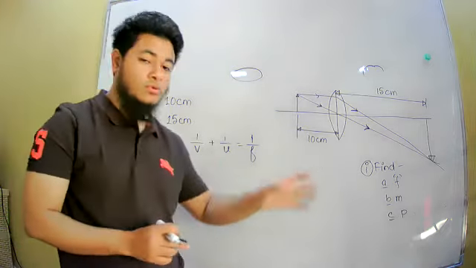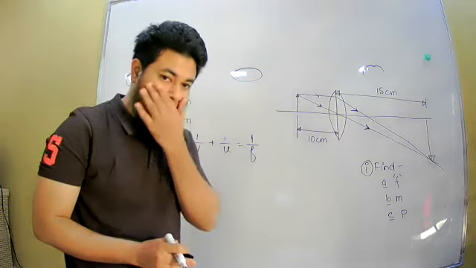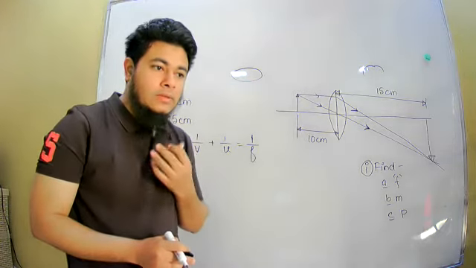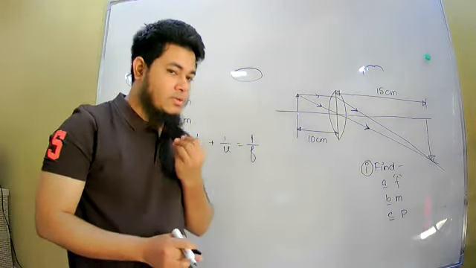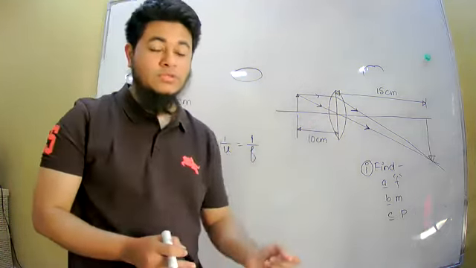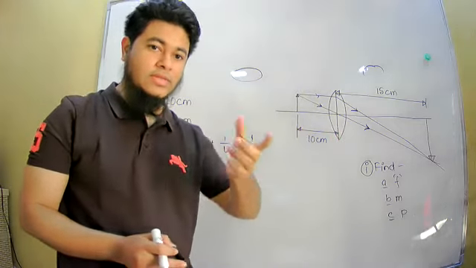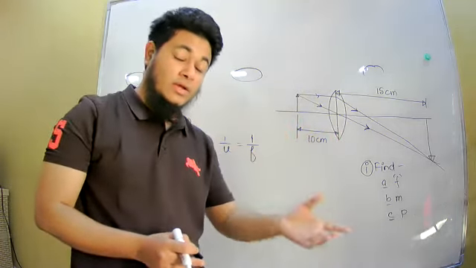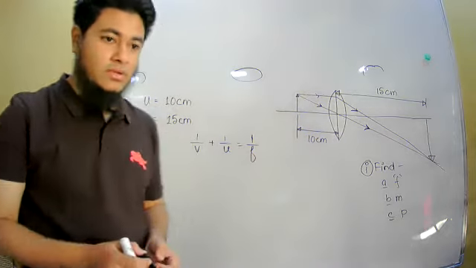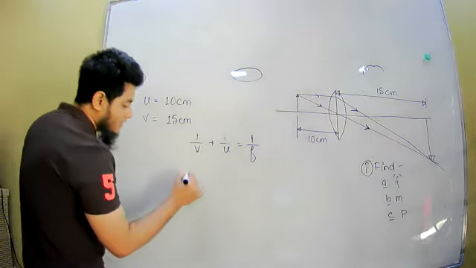At first, I want to know what is your opinion. Okay, positive. You people have forgotten. It will be positive because the convex lens has a positive focal length and the concave lens has a negative focal length. So 1 by v plus 1 by u is equal to 1 by f. Let us put the values.